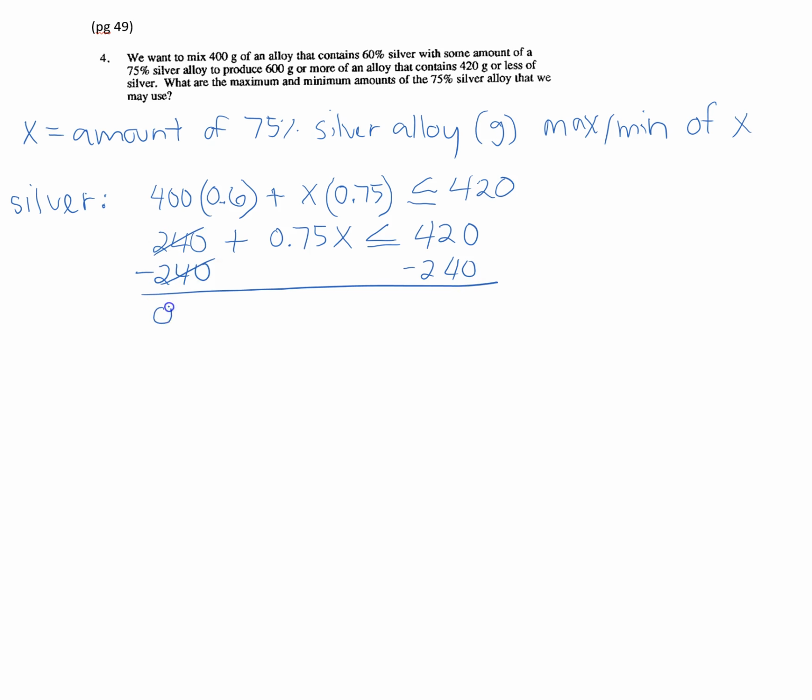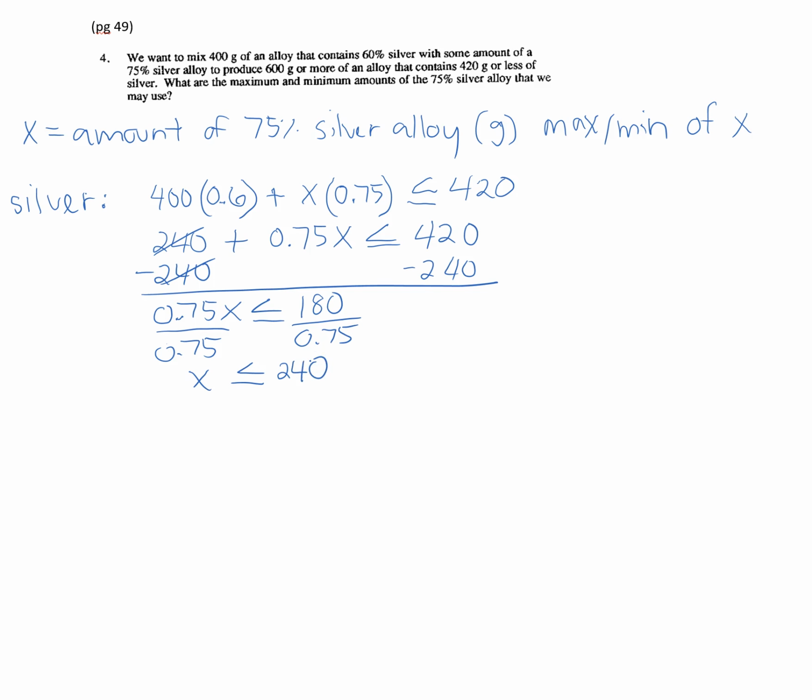It cancels out, and I get 0.75x is less than or equal to 180. If I divide both sides by 0.75, this gives me x is less than or equal to 240.